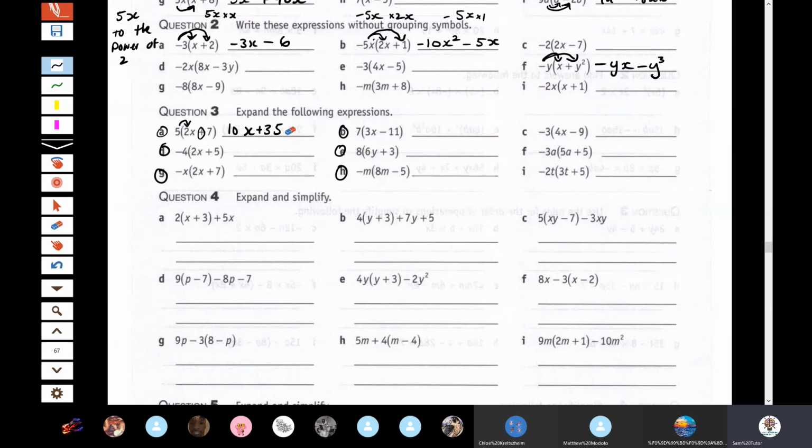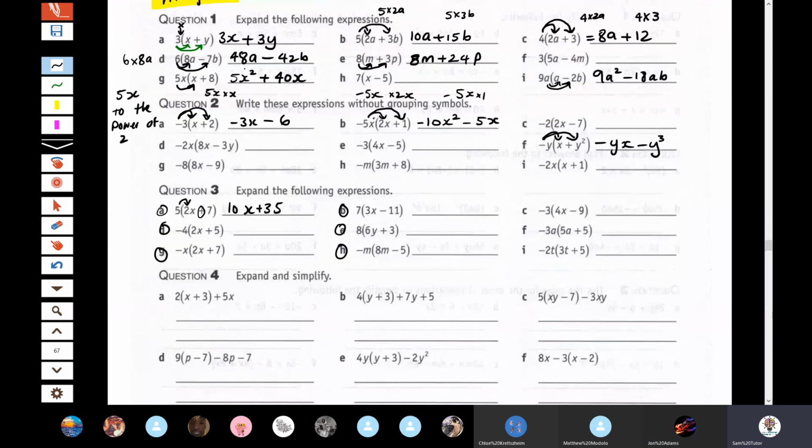With the ones that we're doing now, are the answers going to be a set answer, or is it going to be like what you've written down there, like 10x? They're going to be like these. These are the answers. What do you mean by set answer? It's definitely going to be a group of answers like this, or a pair of answers.